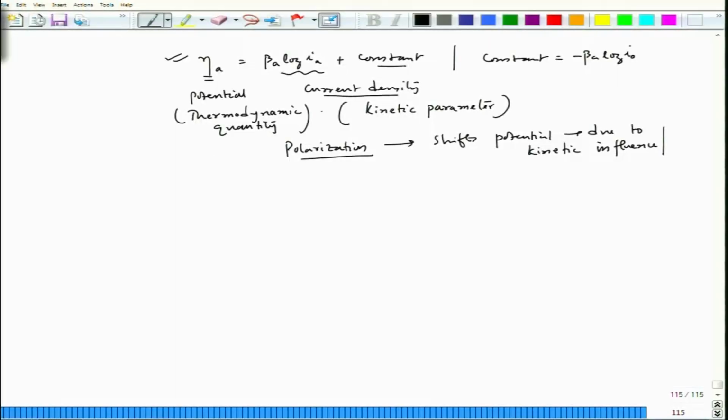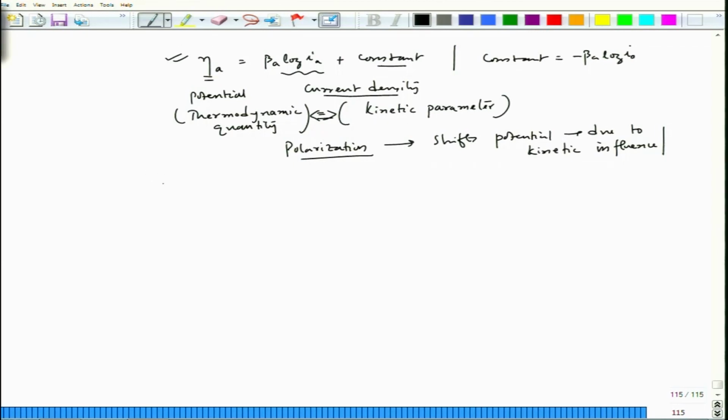Now, it is basically relating kinetics and thermodynamics of electrode reactions, or the corrosion, I would say, because we are considering in terms of corrosion, we are not looking at the deposition part. Here we have to look at the anodic current density all the time.